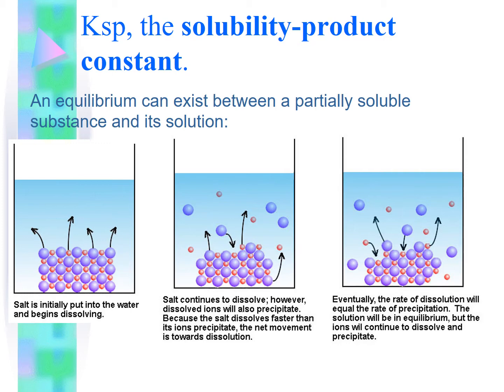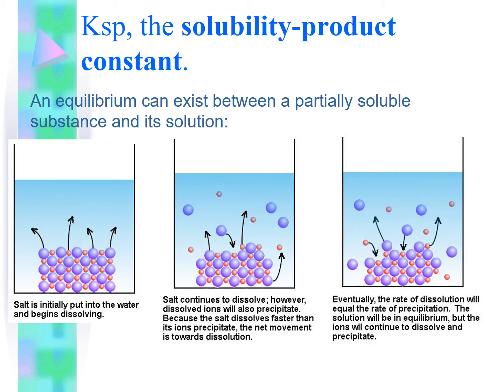Eventually, we get to the point where the rate of dissolution equals the rate at which things are coming and sticking together, or precipitating. And when that equilibrium exists, you're not going to have any change in the concentration, because the number of ions separating and moving into the solution will be the same rate as the ions moving towards that solid form.